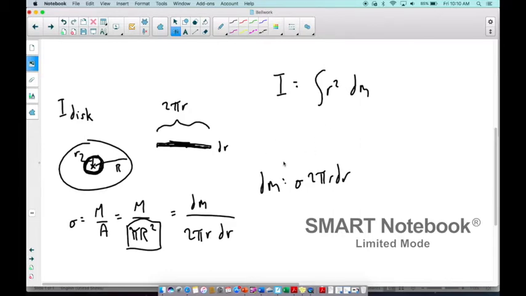So anyway, we plug in dm there. R is just going to be r, little r, the distance away from the axis of rotation to my little mass piece.